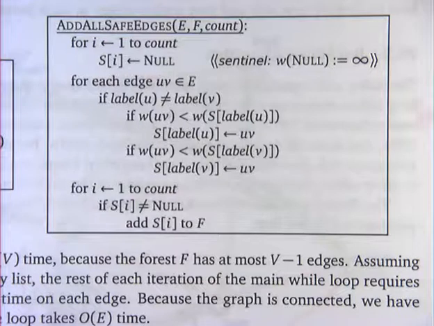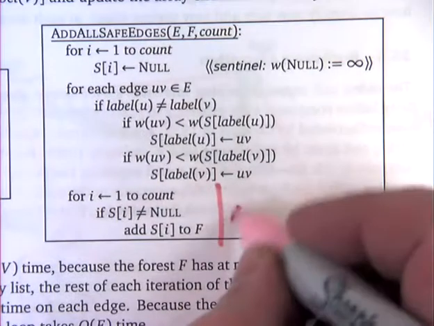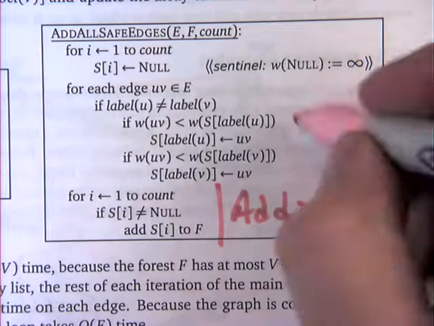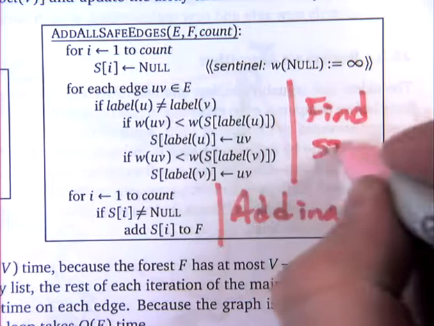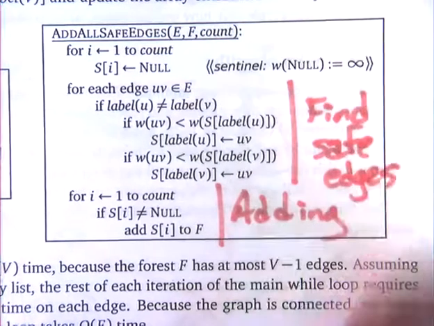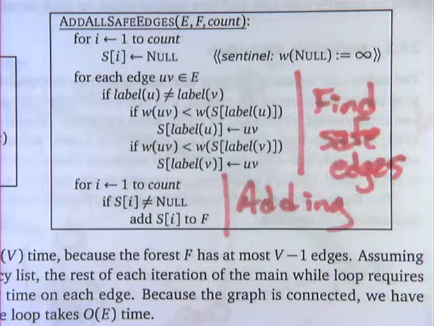If it is, I update the safe edge. In the first for loop, I find all the safe edges just by brute force, looking at every edge to see if it's safe. And in the second for loop, I add them to F. No up-trees, no path compression, no pointer chasing other than whatever you need for whatever-first search, just brute force.